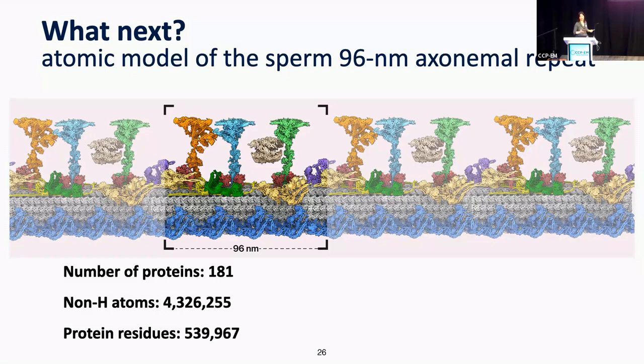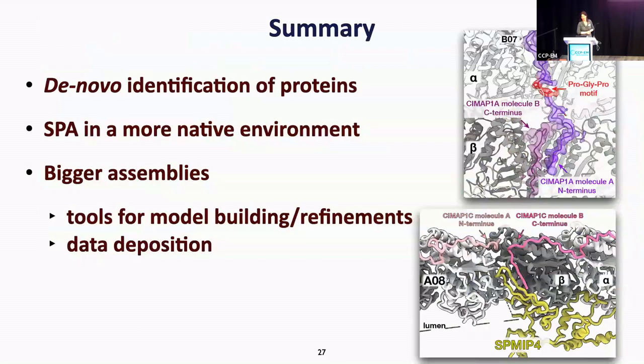This is how it should be. I think that is one of the strengths of cryo-electron tomography. We are not necessarily limited by size. Just to summarize, I see it's really happy days in cryo-EM, because specifically for the field that I'm working in, the fact that we can do de novo protein identification is amazing, because we don't have so many other tools.